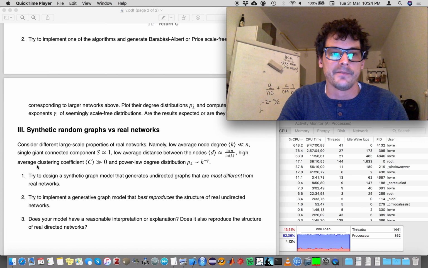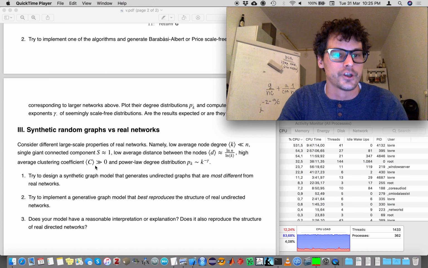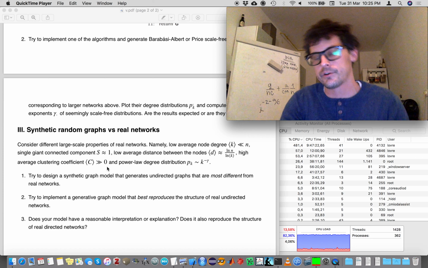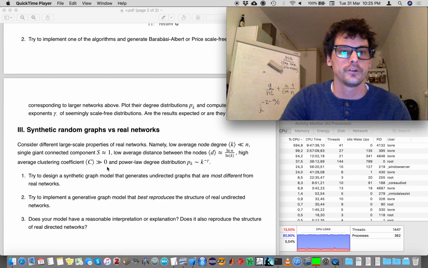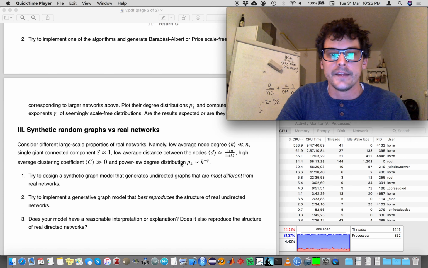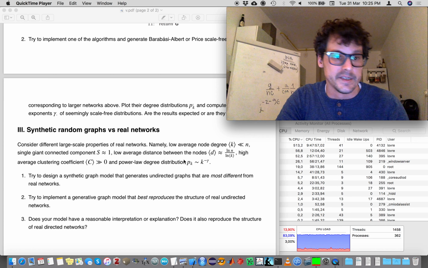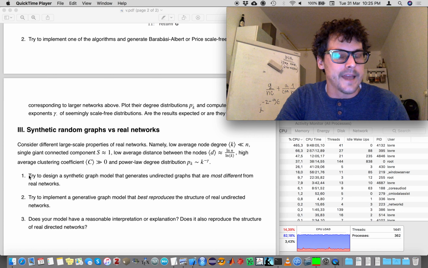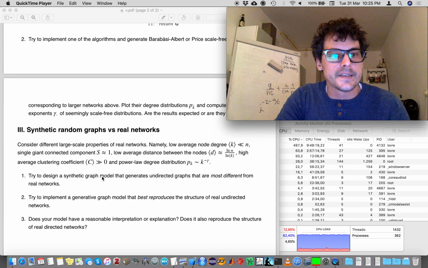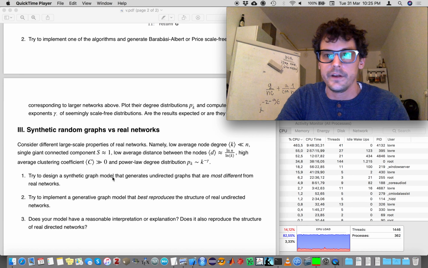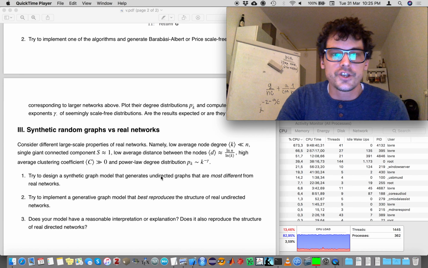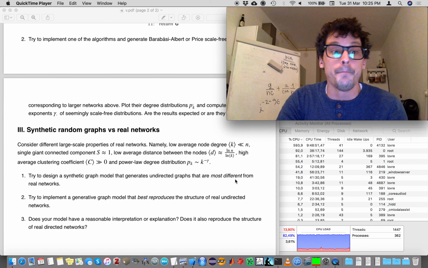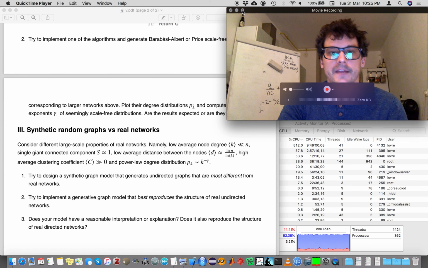Networks usually have a very high clustering coefficient, much higher than what you would expect in the random graph. And finally, they have a power law degree distribution. And the first exercise asks, try to design a synthetic graph model, come up with a model that generates graphs that are most different from real networks.